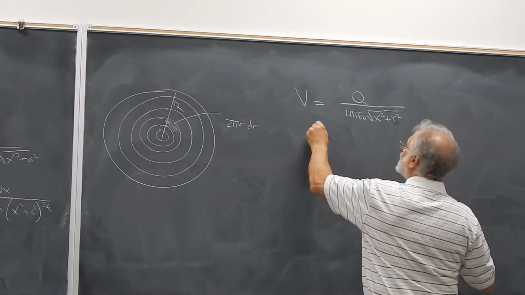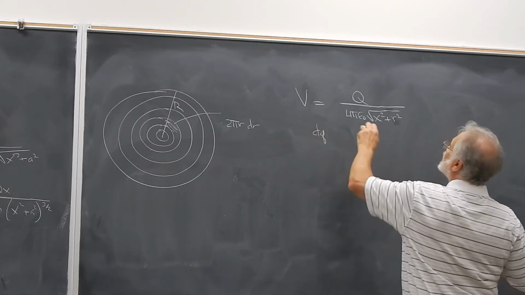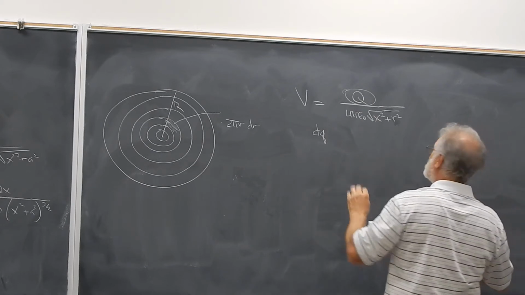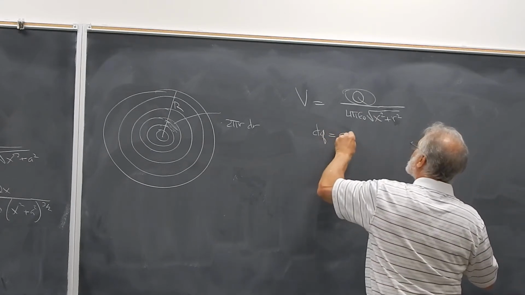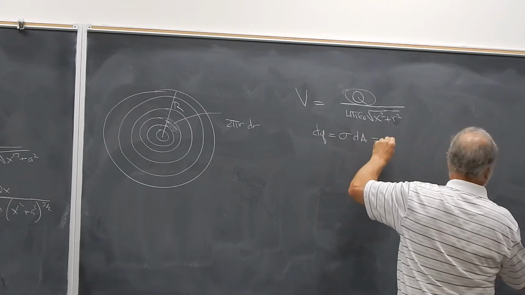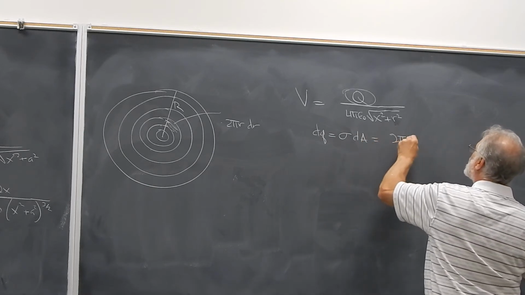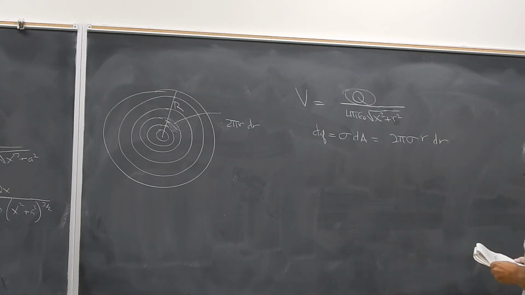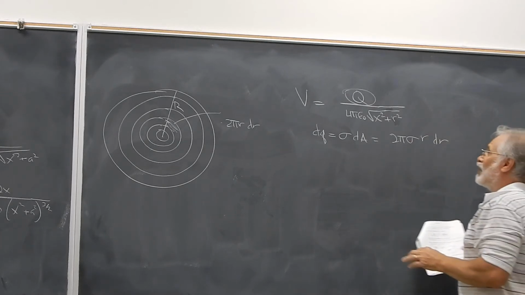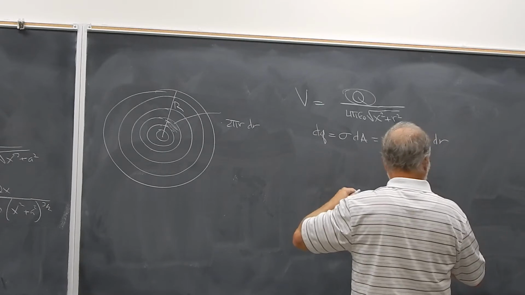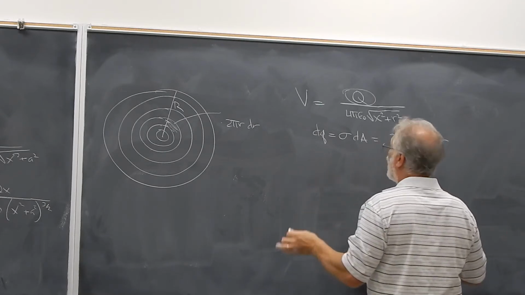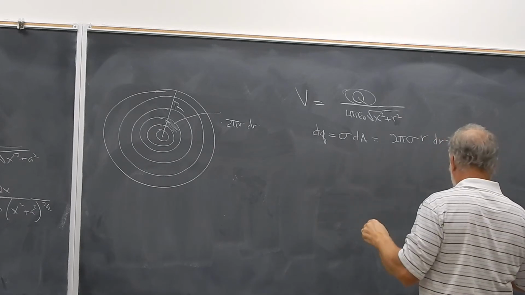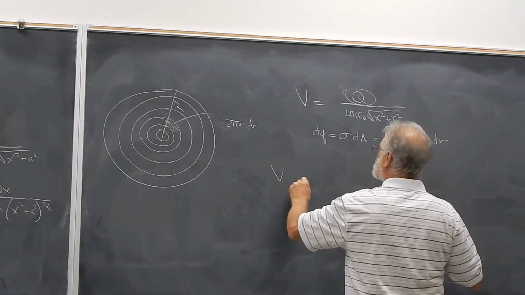Therefore, I can write dq, because what I have to do, if this is the charge of one ring, I'm going to write dq as sigma dA, or 2 pi sigma r dr. And if I want to find the potential, I have to sum over all the rings, from r equals 0 to r equals capital R. What does that mean?